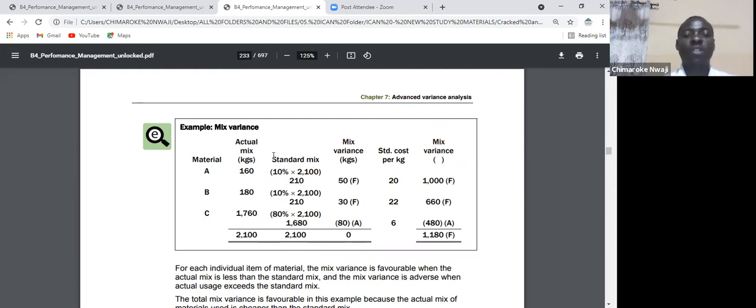So it means that if you are doing 2,100 kilogram, 10% of it should be for material A. So that means 1 over 10 times 2,100 for material A. That means you are supposed to use 210 kilogram. The same thing for material B, 210, and that of material C is 1,680.